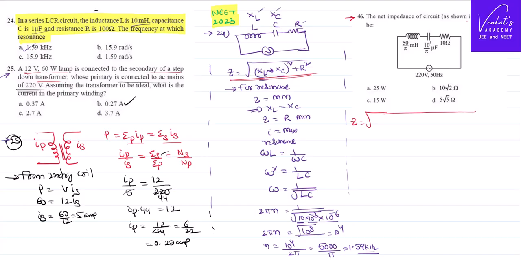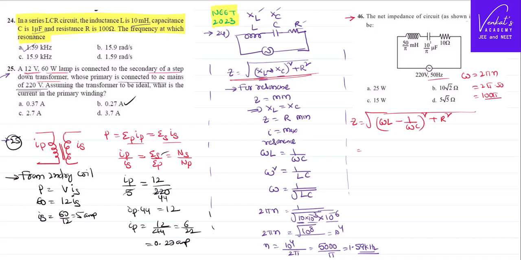XL means omega L, XC means 1 by omega C, where omega equals 2 pi into N. Frequency is given as 50, so 2 pi into 50 equals 100 pi.